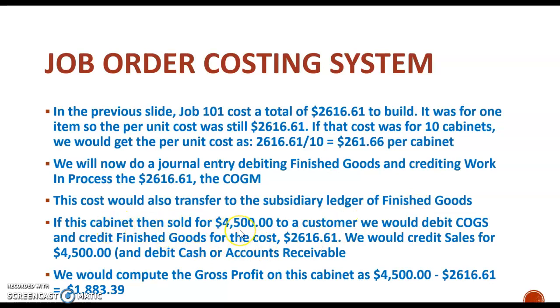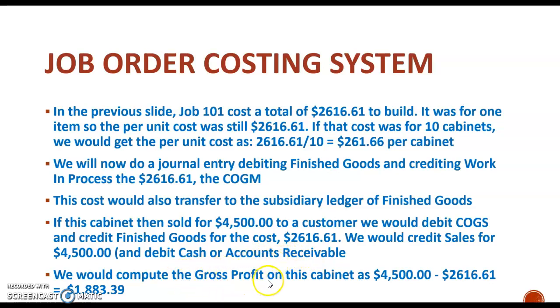If this cabinet then sold for $4,500 to the customer, we would have to debit cost of goods sold and credit finished goods inventory for the cost of $2,616.61. We would credit sales for the $4,500 and debit cash if we received cash from the customer, or if the customer bought it on account, we would debit accounts receivable.